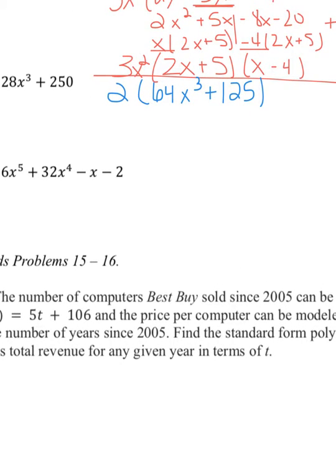All right? Again, for cubes, it could be plus or minus in the middle. I have a small set of parentheses and then a big set of parentheses. I take the cube root of each one. So the cube root of 64x to the third is 4x to the first. The cube root of 125 is 5.